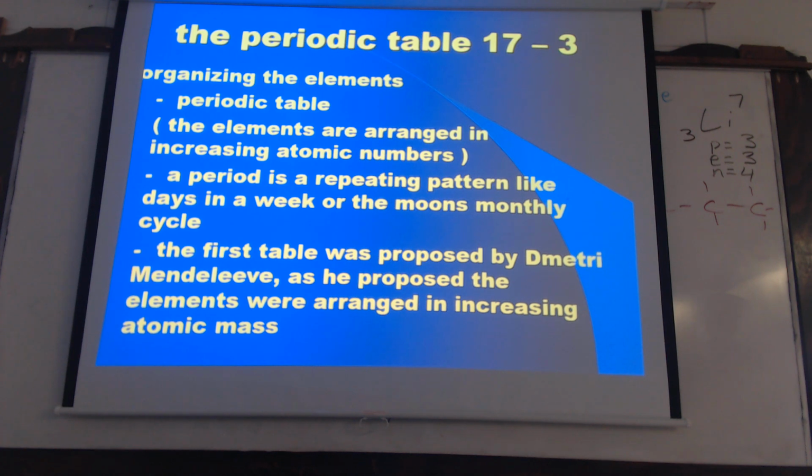It says atomic mass, which we know now is incorrect, but why was that such a wonderful application of the periodic table? Does anyone remember approximately when Mendeleev was working on these? 1880s, 1890s. A little earlier than that. I want to say 1850s, 1860s was the approximate time frame.